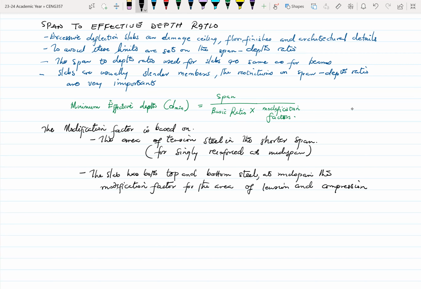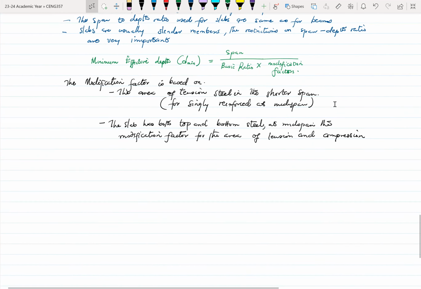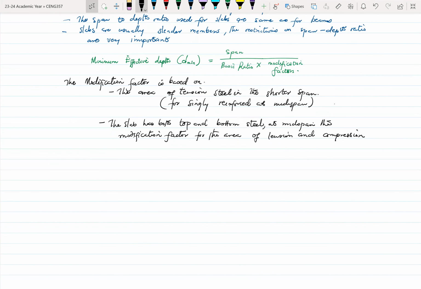All right. So let me see if I can pull up some of these modification factors for us to see what they all are. So before we look at the modification factors, let's look at the basic ratios.